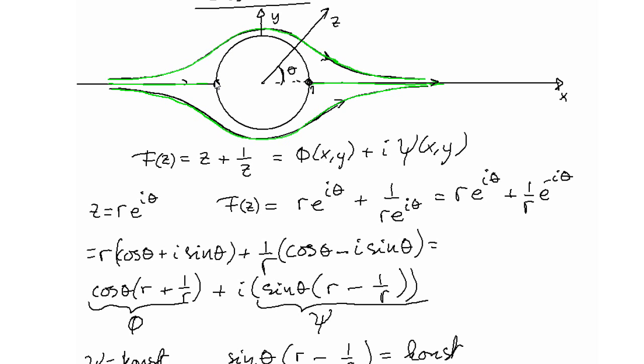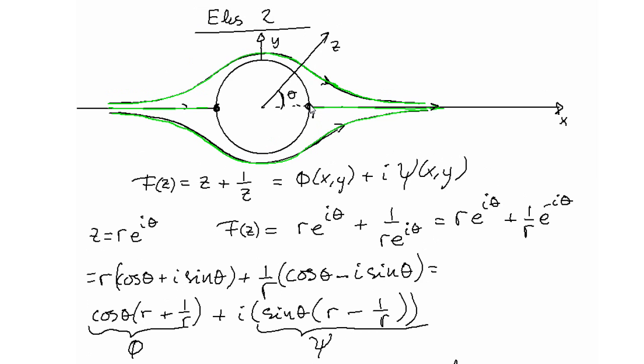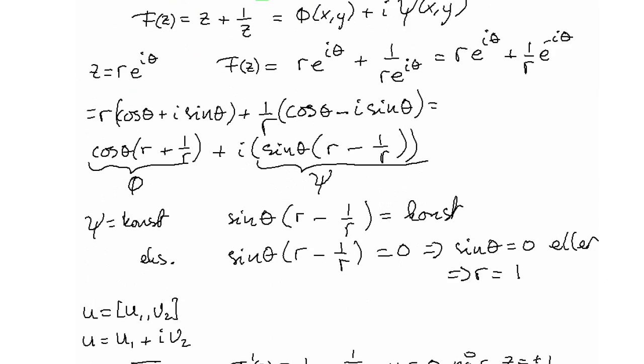So this means that the boundary conditions are met. We know that we have some streamline around this cylinder, and the cylinder itself is a streamline. So this proves that this complex potential is the right description, or the right tool for finding the fluid flow around the circle, this cylinder.